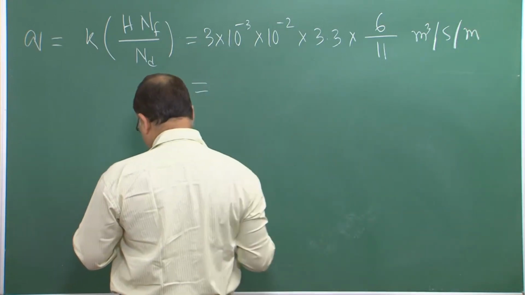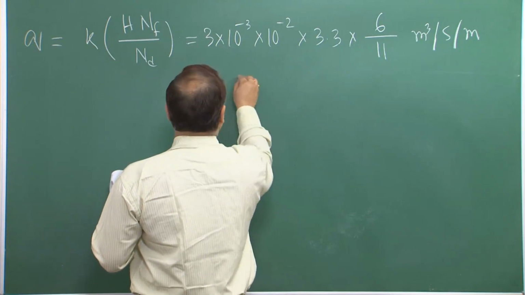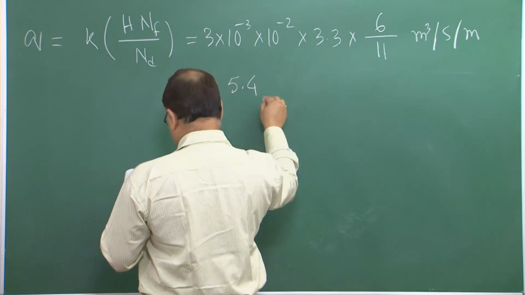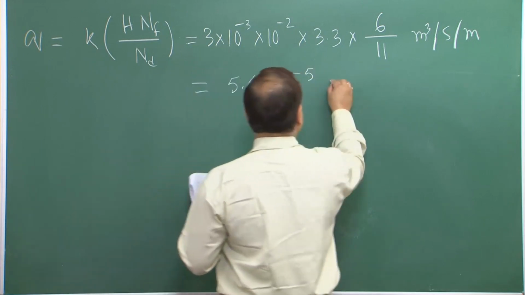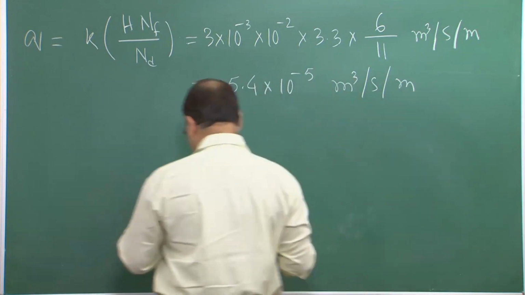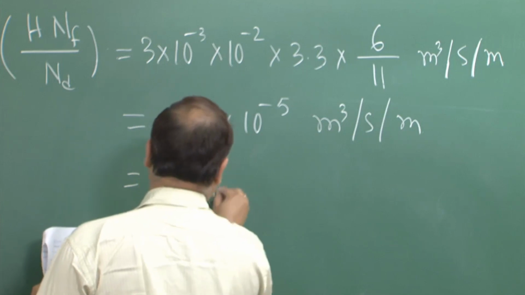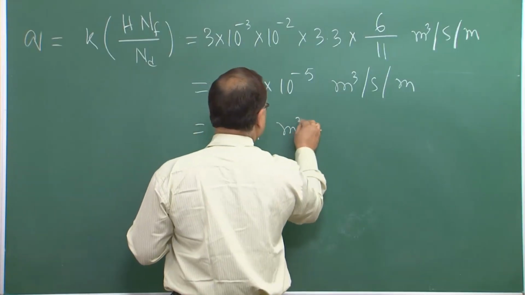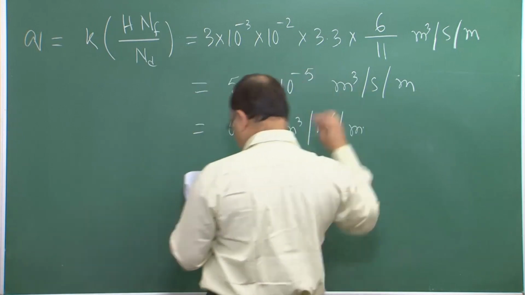So, that gives me 5.4 into 10 to the power minus 5 meter cube per second per meter width, which is equal to 0.19 meter cube per hour per meter.